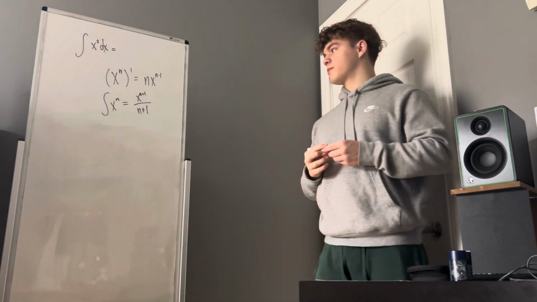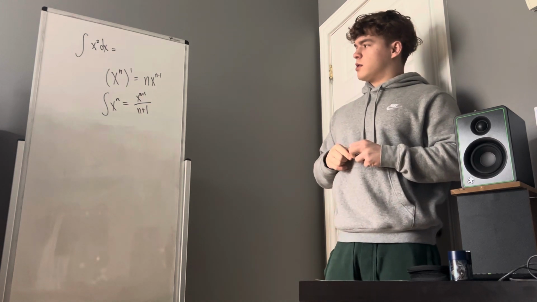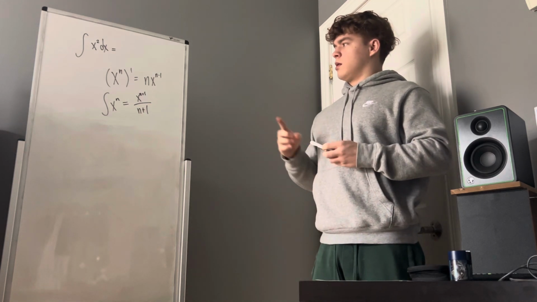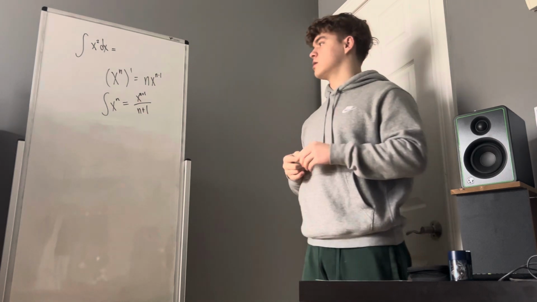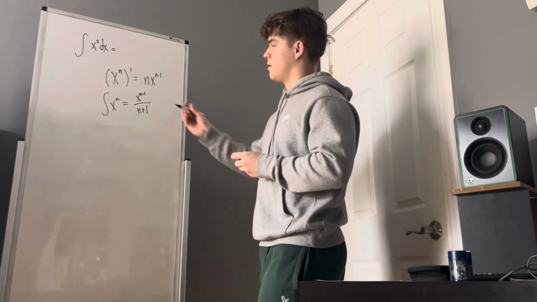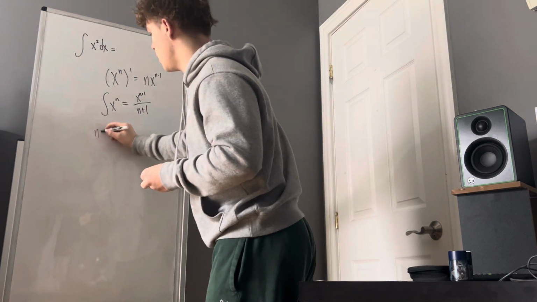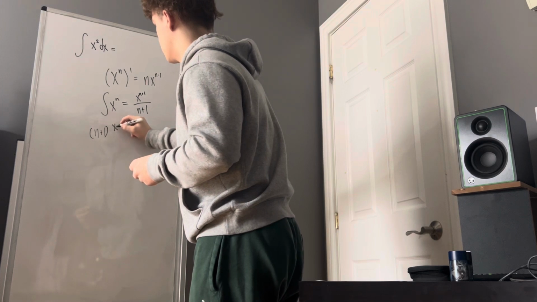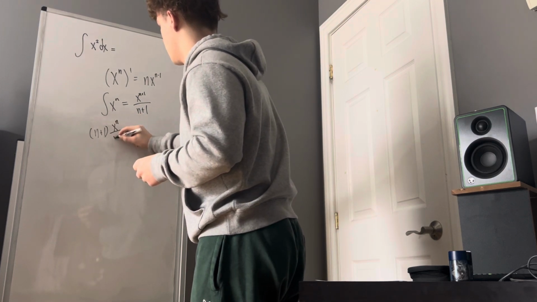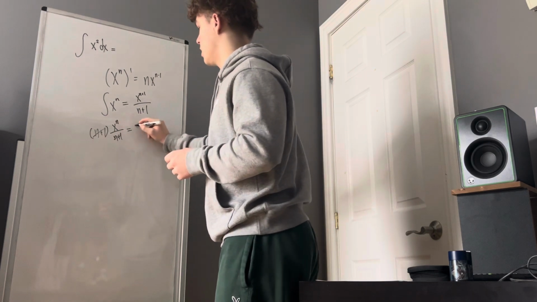Pretty simple, but let's say we want to derive this again to make sure that this is correct. Well, that would make sense. If we derived x to the n plus 1, we get n plus 1 times x to the n divided by n plus 1 equals x to the n.